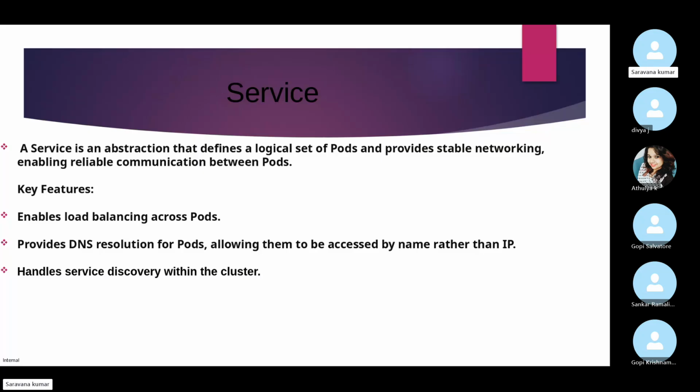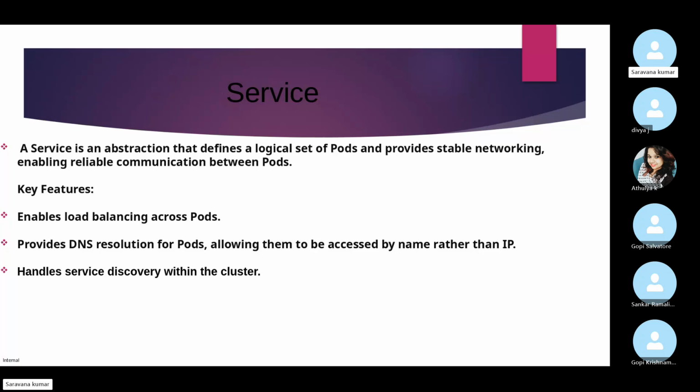So we cannot rely on the pod's IP address. That's why we are going to make use of the service IP address. The service IP address is quite stable in nature. That way the applications won't have any surprises, like I cannot reach this IP address because the IP address is taken by someone else. That kind of problem won't come here.